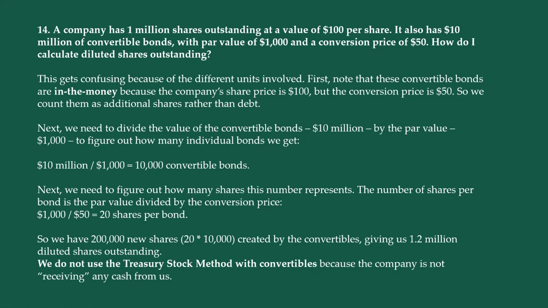To find the number of shares, I divide 1,000 by 50, so I receive how many shares I can buy with one bond. That was 20, and when I multiply 20 by the total number of bonds, 10,000 times 20 is 200,000. So 200,000 new shares will be created by exercising the convertible bonds.